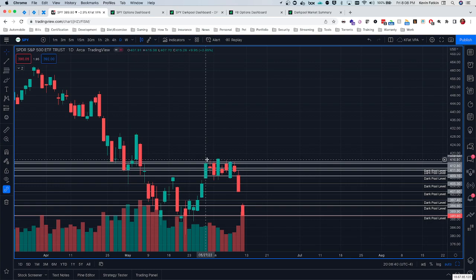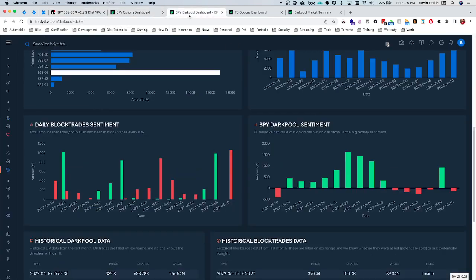Now, we eventually capped out, and again, we were just in this sideways chop until CPI data was released, and that's certainly what big money was waiting for. But this works for other tickers as well, where you can gauge the sentiment based off the dark pool data, which is amazing.